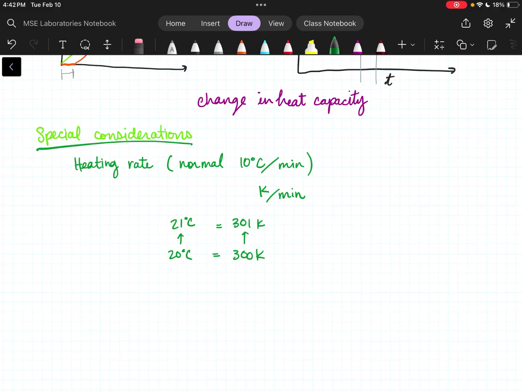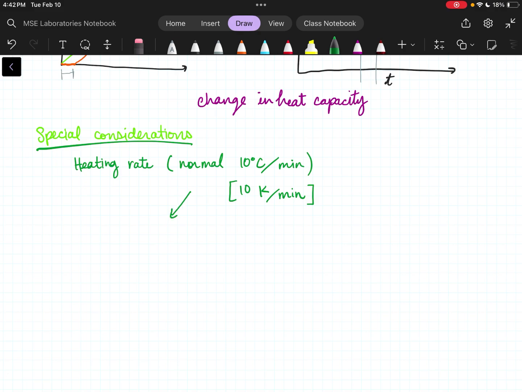So these are linearly related. 1 degree per minute is the same whether you start from 300 or you start from 20. That can be a little bit confusing for people because they want to try to convert between Celsius and Kelvin, but 10 degrees Celsius per minute is the same as 10 Kelvin per minute. Perfect. So just be aware of that. Don't get looped in.